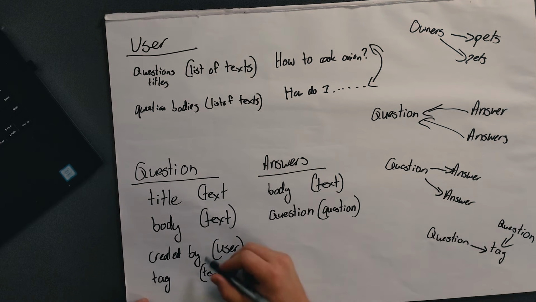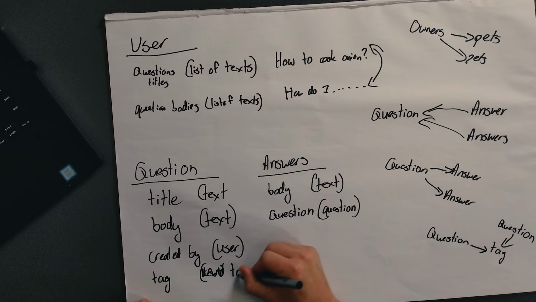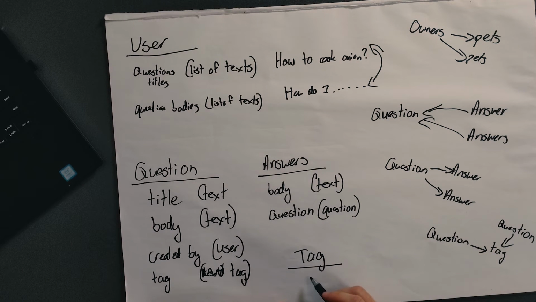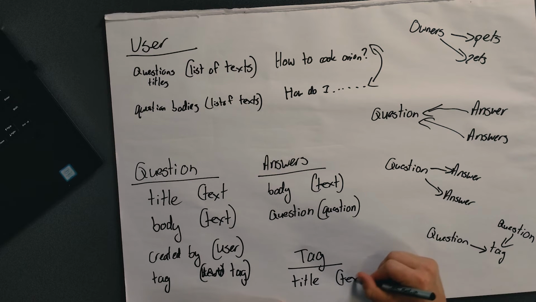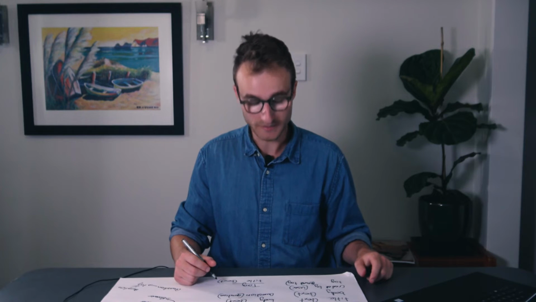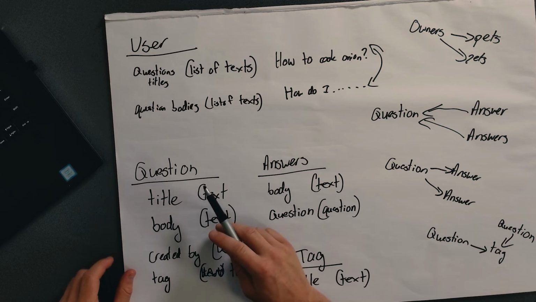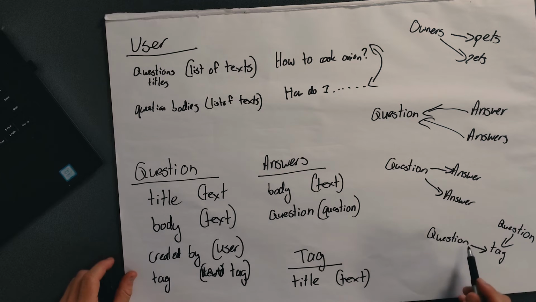So we'll save this tag instead as actually a tag object. And we'll create that tag object as a separate thing in the database, which has probably a title as a text field. Now again, just in case it's not clear, a question is going to have a finite number of tags, and so we want to have this relationship connection, the parent to the child, rather than the reverse.